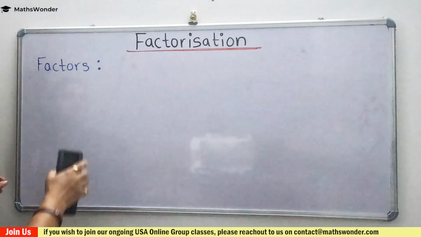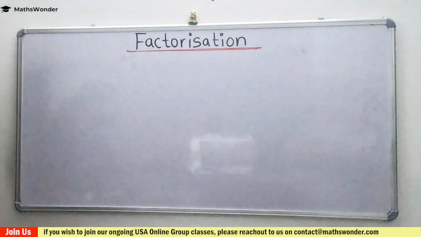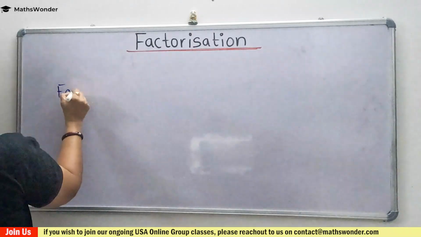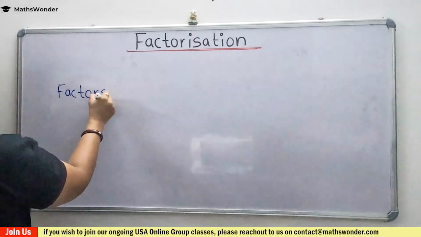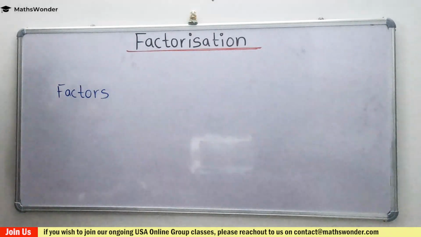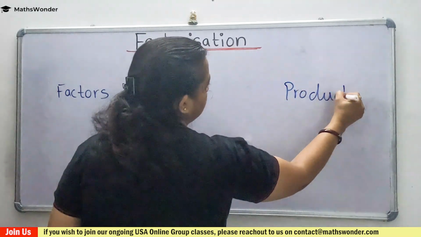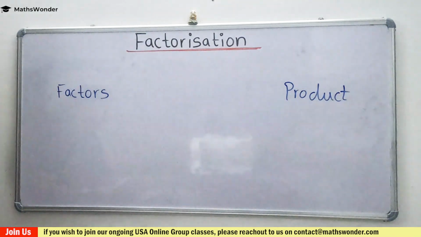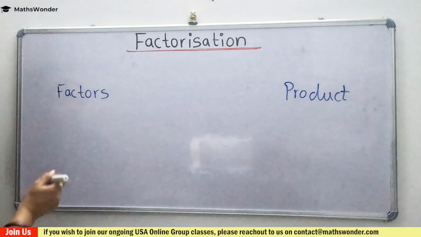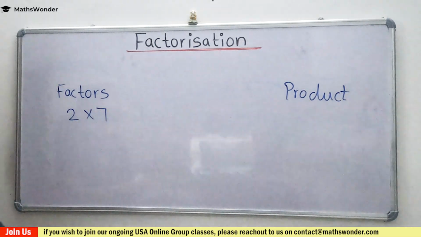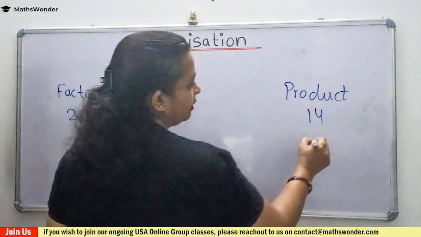In simple words, I explain first what this is. Here are factors, here is the product. So the factors are 2 times 7 and the product is 14, right?